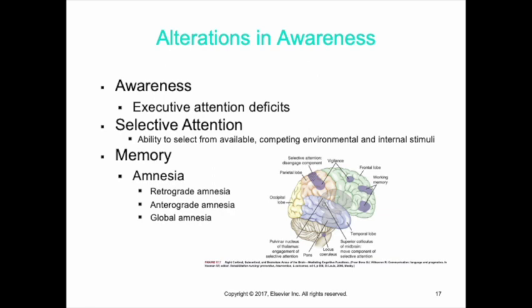And declarative memory involves the learning and the remembrance of episodic memories like personal events, history, experiences, facts, and information, whereas the non-declarative memories are reflexive, procedural, or implicit memories. They're memories of actions and behaviors. Think of motor memory.